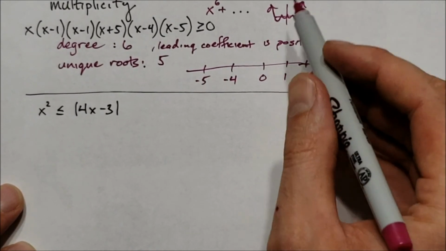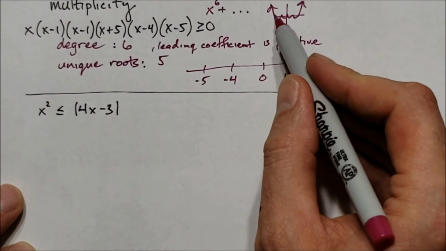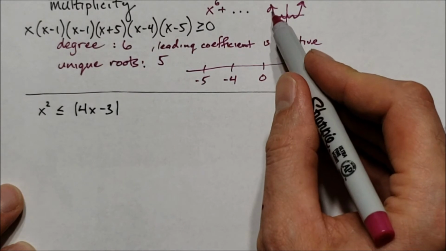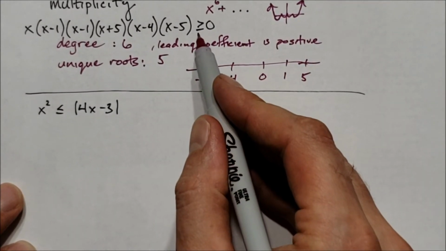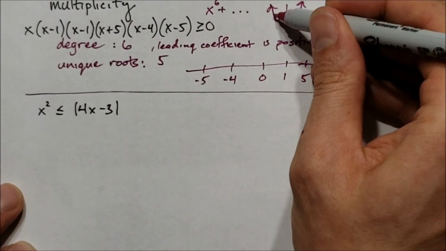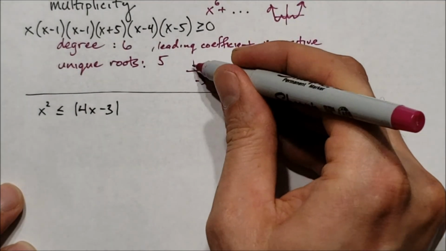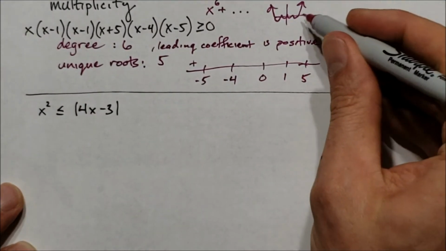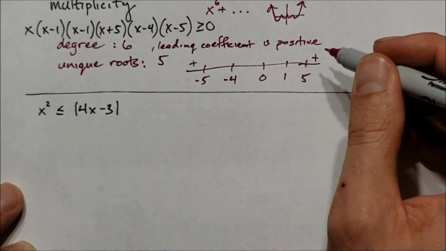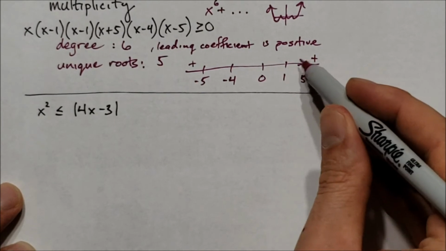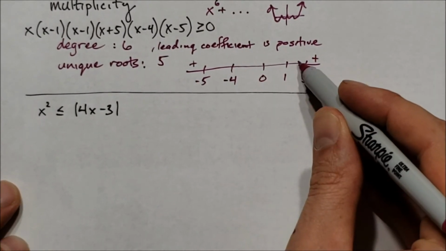But if we know that this is positive on this left behavior, and we're looking for when it's greater than or equal to 0, greater than or equal to 0 is when it's positive. So this is going to be a yes. And we know it's going to end up positive on the right side, so we know this is going to be the yes. So we just have to determine what's going on in between here.